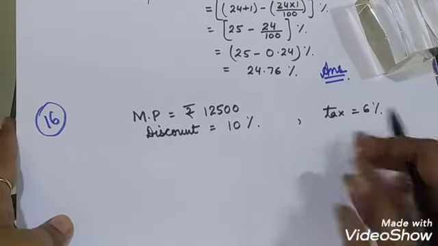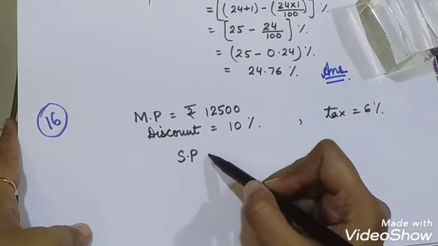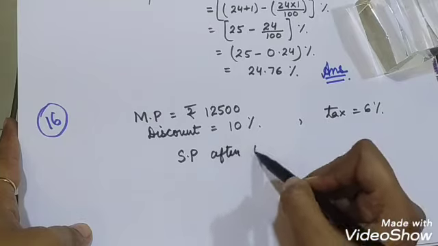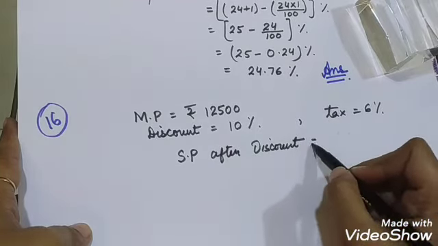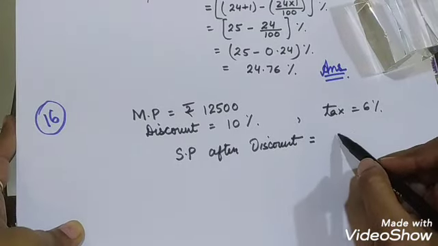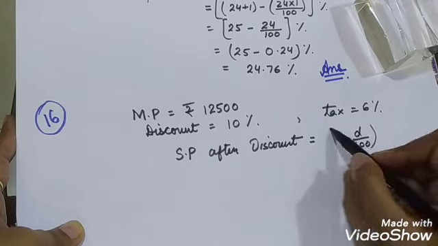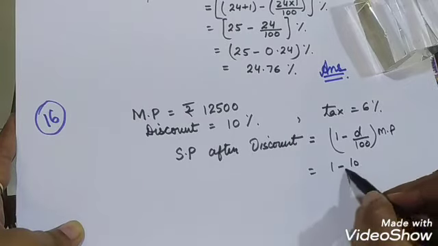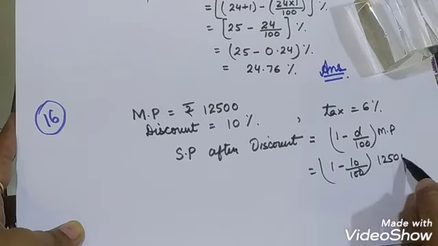So first we will find the selling price after discount is equal to, what is the formula? 1 minus D upon 100 into MP. So 1 minus 10 upon 100 into marked price is this.